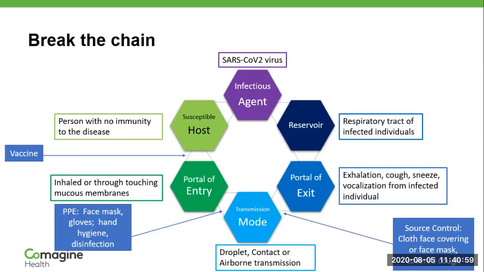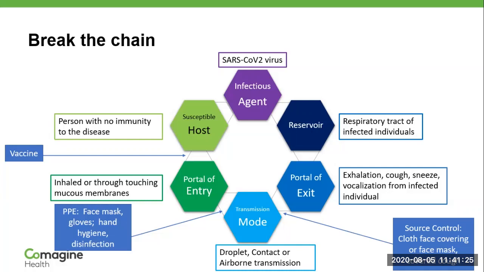So going back to our original chain of infection, you can see source control is acting at stopping it before it can get out into the air. And that's a very effective way to reduce transmission. So covering your cough, face masks, and cloth face coverings are all at the point of how it is exiting the person.